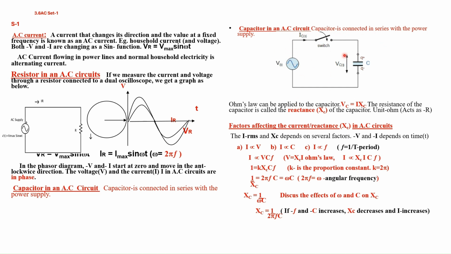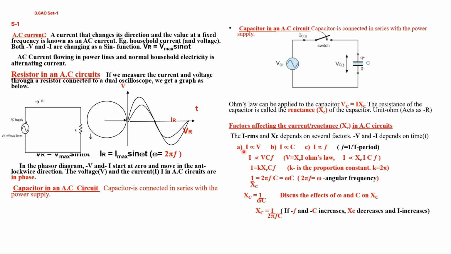That means more charges are flowing, therefore more current. So I is directly proportional to the frequency. F equals 1 over T, where T is the period. They are inversely proportional. You should know this. Okay, three values, V, C, and F. So the current is directly proportional to all three values: voltage, capacitance, and frequency.